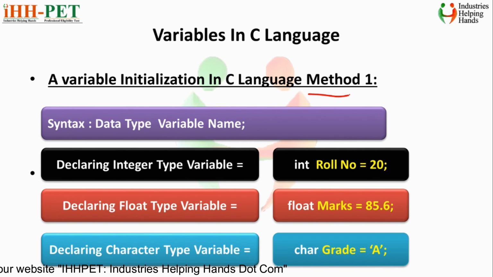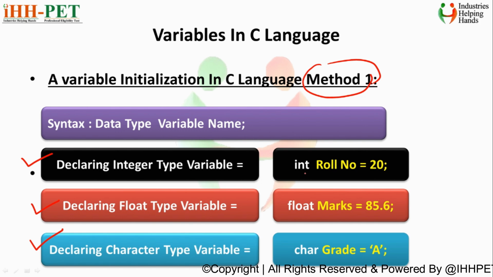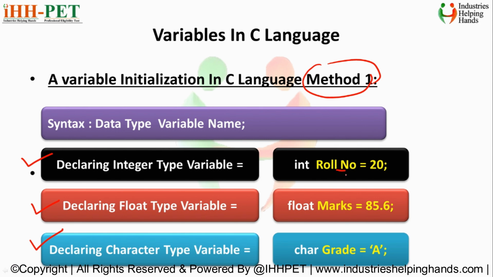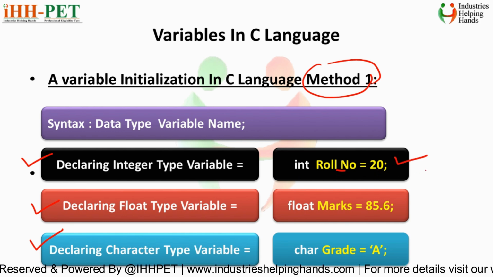Now I'm telling you the first method to define or initialize a variable. In the time of initialization, you can initialize an integer type of variable, a float type of variable, and a character type of variable. For initializing the integer type, you can write roll underscore number 20. An integer value contains a non-decimal value.